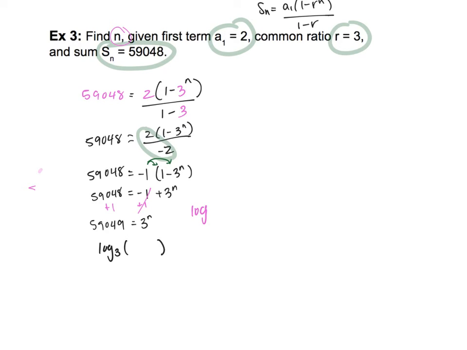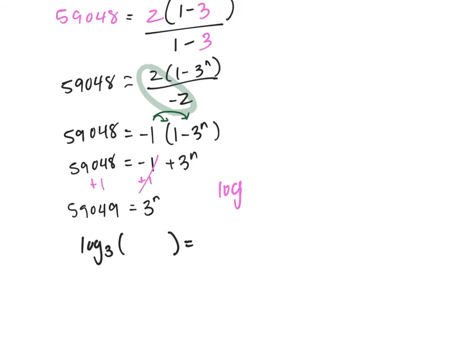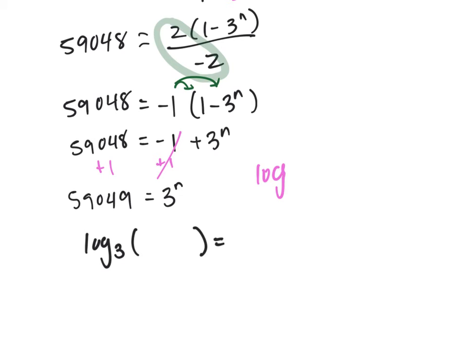Then inside your log should be the number you're trying to get the value of when you raise it to a power. So that's going to be the 59049. And then this here is going to equal our exponent, in this case, n. Or if you want to use the heart method, you could do that too.